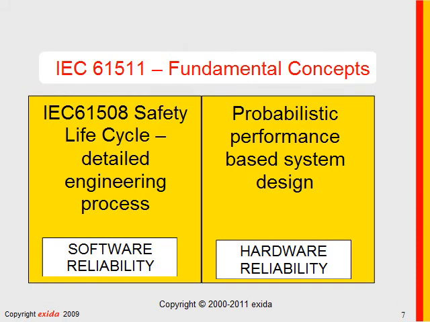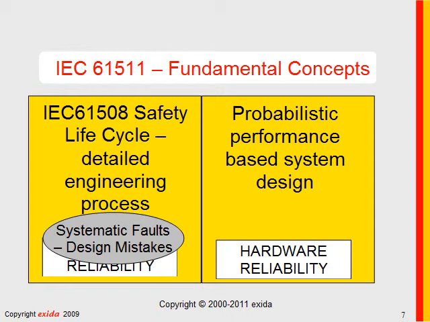All right, I'd like to start by just reminding everyone of the fundamental concepts of the functional safety standards. An engineering process called the safety life cycle, which is meant to protect us against design mistakes. IEC 61508 calls that a systematic fault. It differs very much from a random fault in that it is directly traceable and due to an error in procedures.